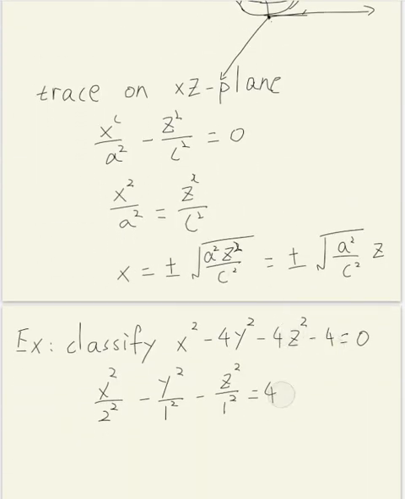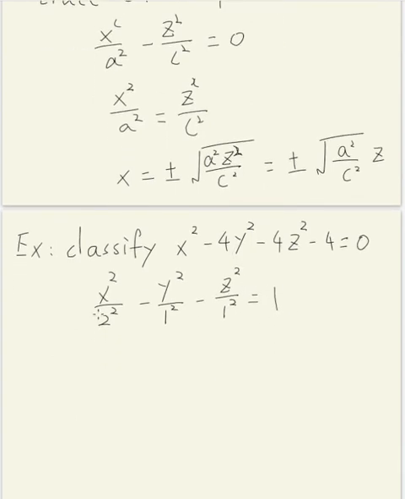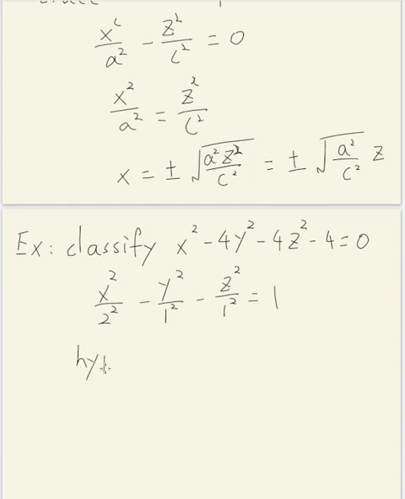When you divide by 4, this becomes 1, right? Of course you can try to graph this yourself and look at all the traces, or you can just do what I did, just compare this to the six equations given in the picture.